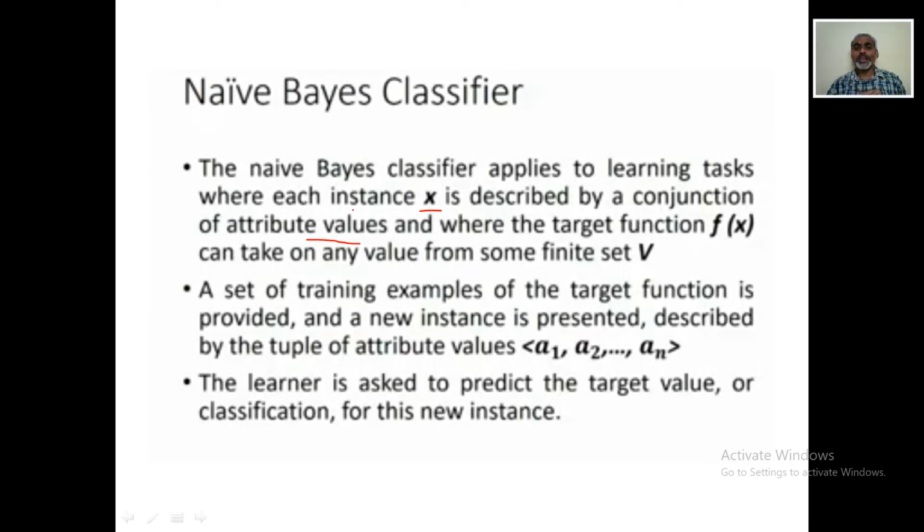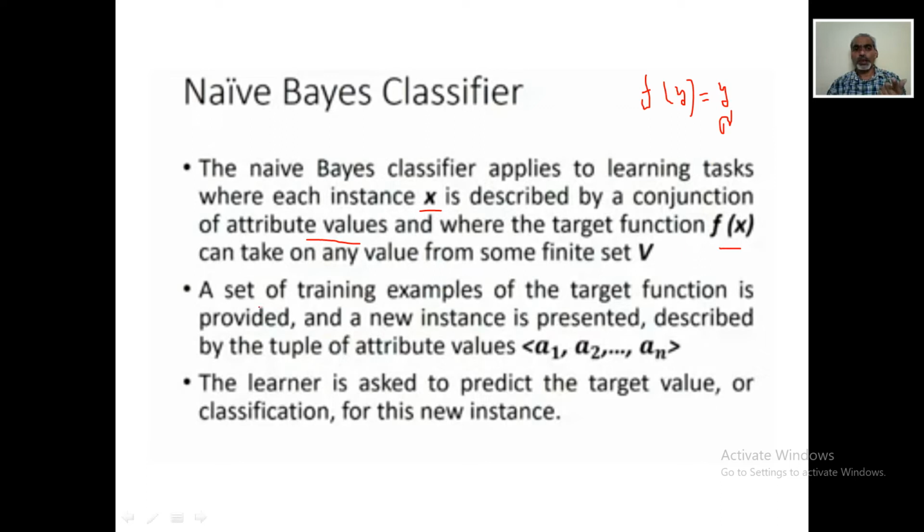Now if you consider one training instance which has certain attribute values, what is f of x? f of x is the target function. In that example, whether he can play tennis or not, the target function f has two values: yes, he can play tennis, or no, he cannot.